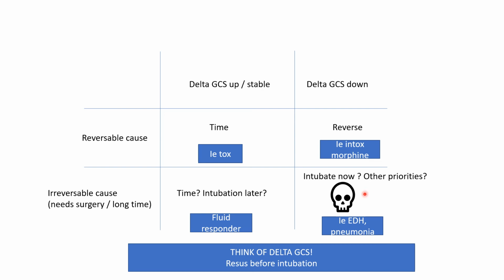As opposed to the situation where you can have a long list of priorities before getting a tube in if they're doing well. Okay, and this might be your epidural hematoma where they're not getting any better and their GCS is going down. They need to be intubated now.